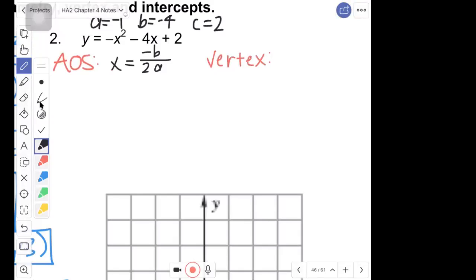Totally okay if you're not done. Helene, can you tell me what you got as your axis of symmetry? I got -2. Awesome.